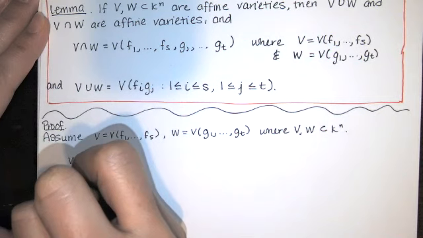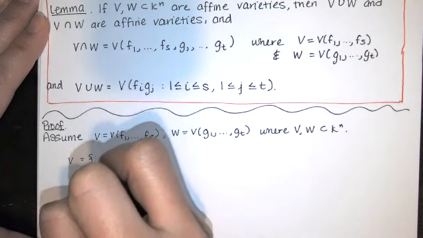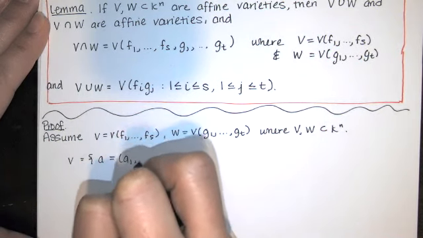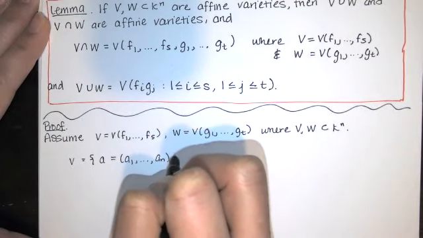So V is going to be the set of all points A, which we can think of as ordered n-tuples in affine space.